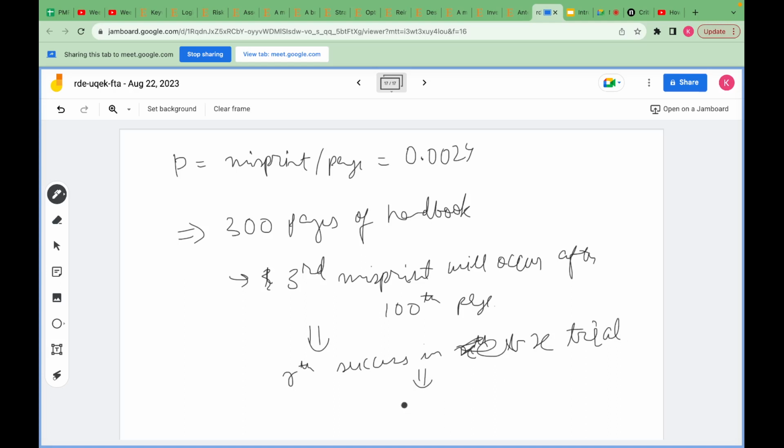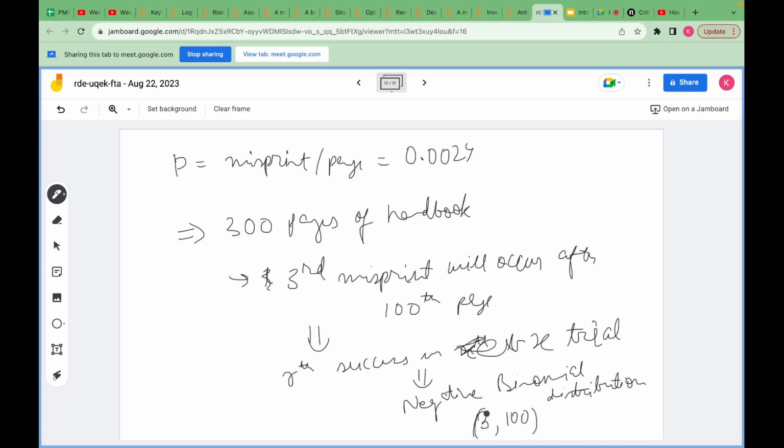This is nothing but negative binomial distribution, with parameters R and P. So here R is 3 and P is 0.0024, X is 100.